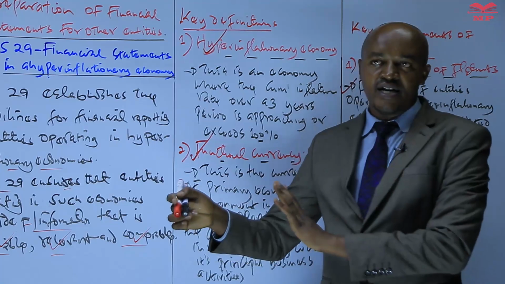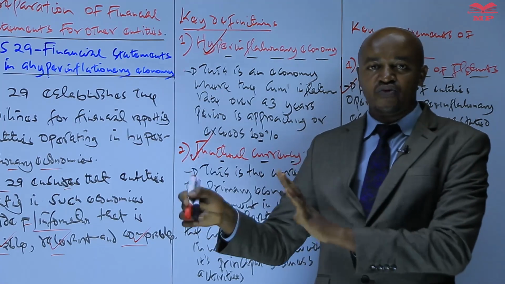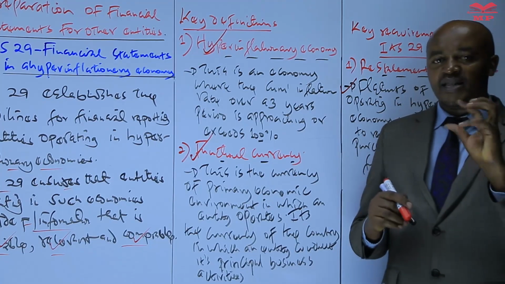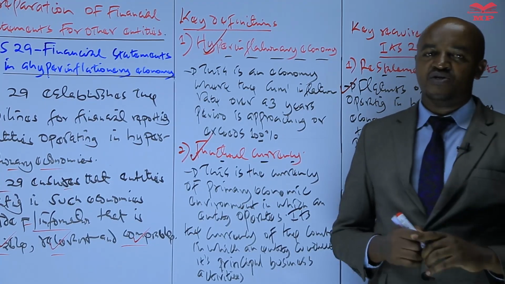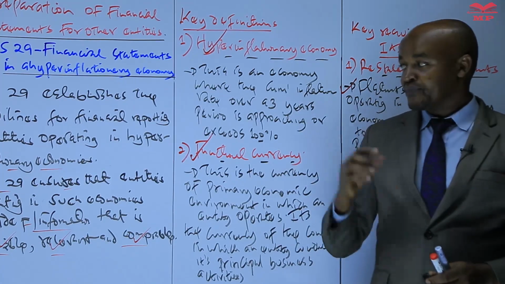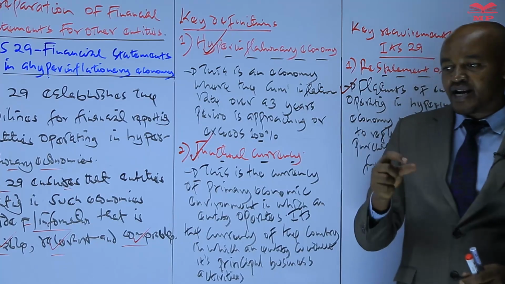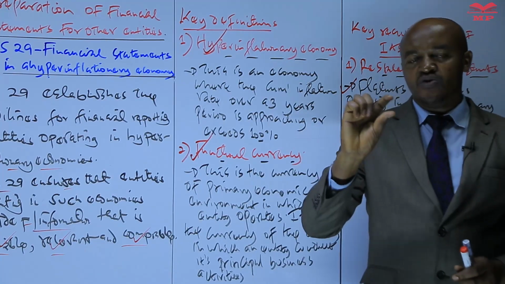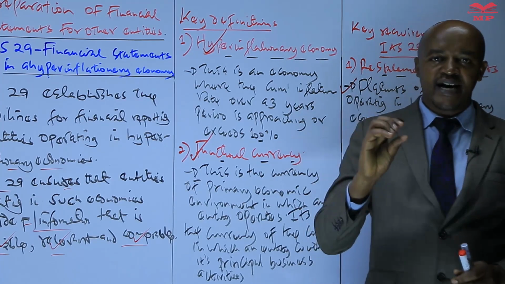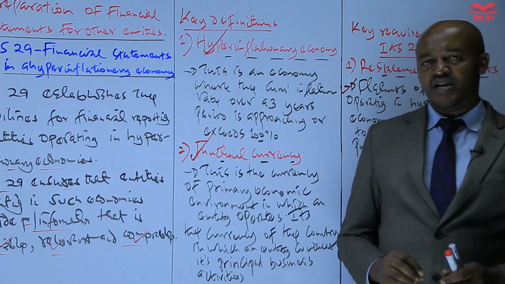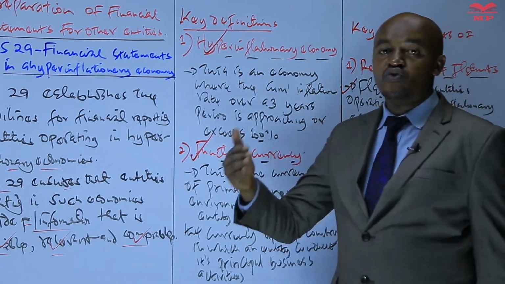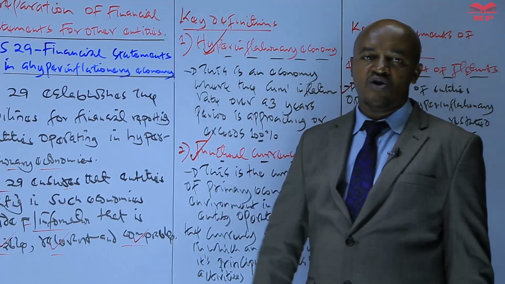If a company had acquired an asset 2 years back at a cost of 2 million and the inflation is too high, you may see a scenario whereby the current price of such an asset is maybe something like 10 million. So this standard requires the company to restate the cost of that asset in order to reflect its current value. So that value must be restated to the current cost, the current value of such an asset.